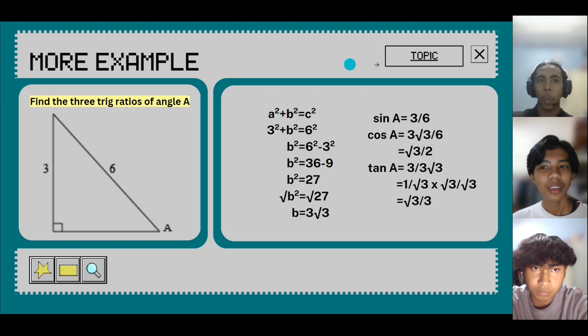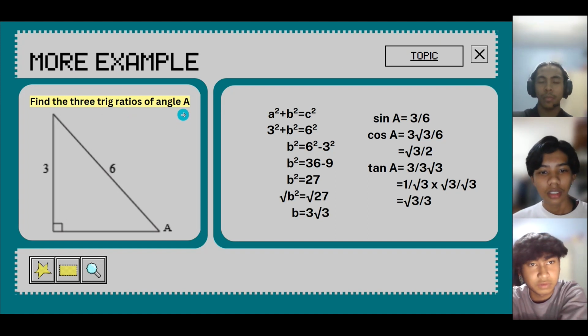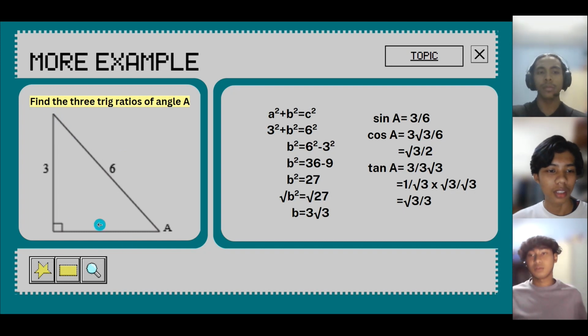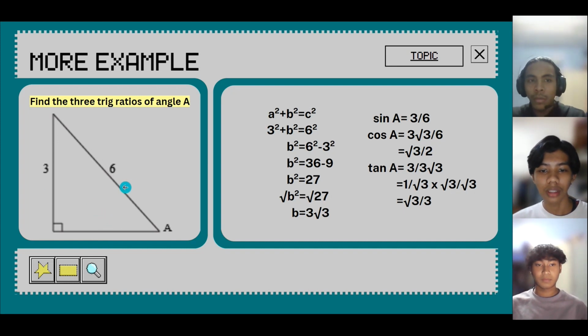More examples. For this question, find the three trig ratios of angle A. For this right triangle, we don't have another side. We know the hypotenuse and one leg, so let's use those to find the other leg first. We are going to use Pythagoras. A squared plus b squared equals c squared. 3 squared plus b squared equals 6 squared.